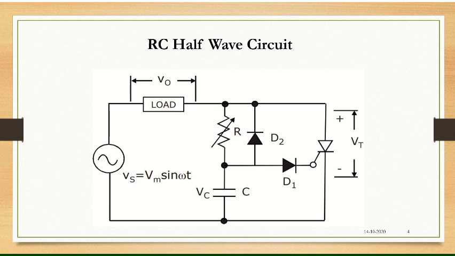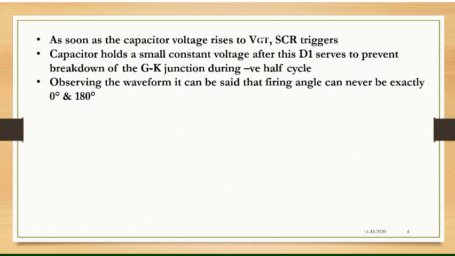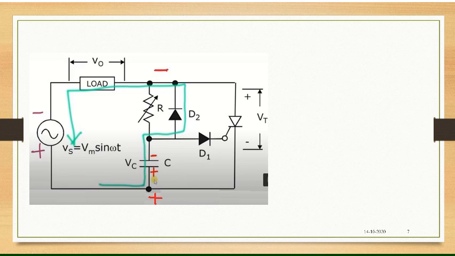Okay, so to understand the working of this circuit, first we'll start with the negative cycle. So during the negative cycle of the supply, the capacitor will charge in this fashion.